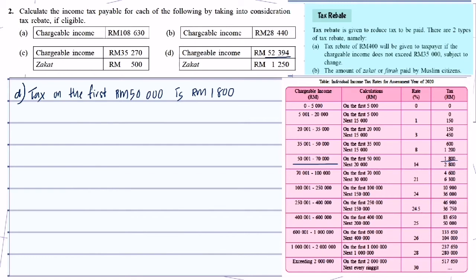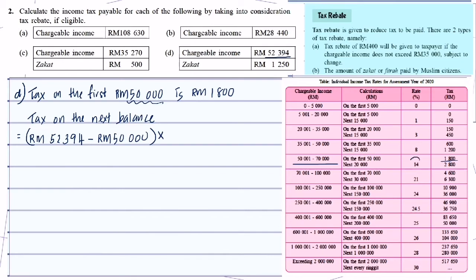Tax on the next balance. According to the table here, chargeable income is 52,394 ringgit. So minus 50,000 times how many percent?